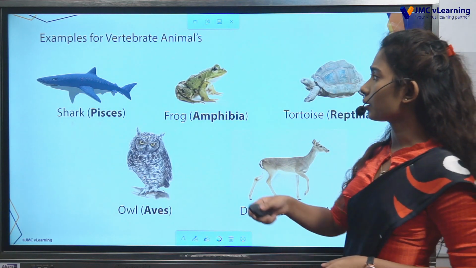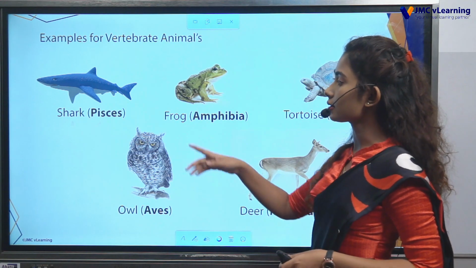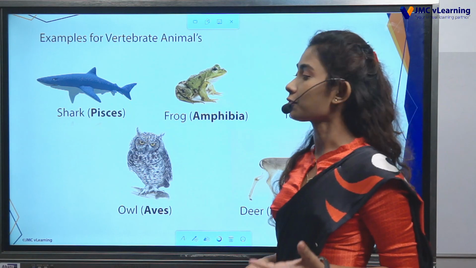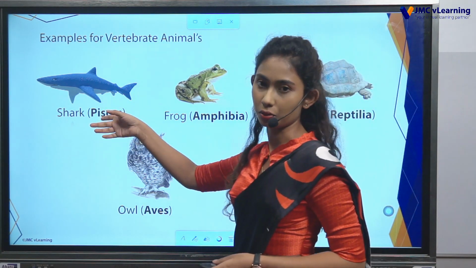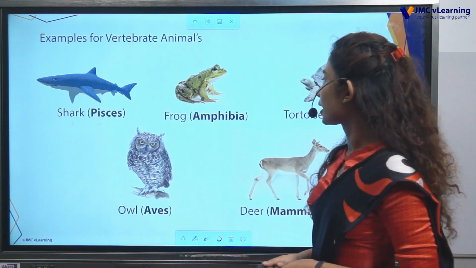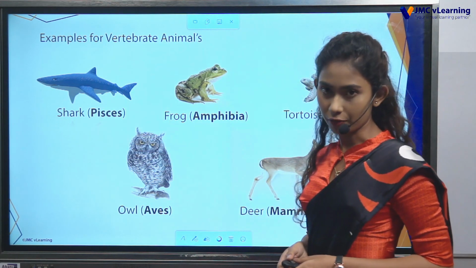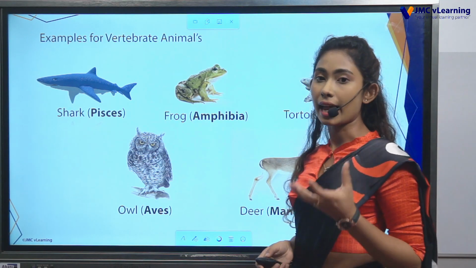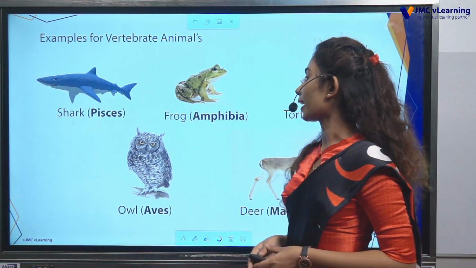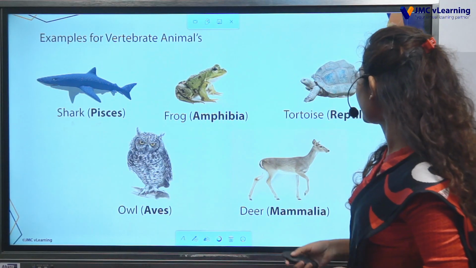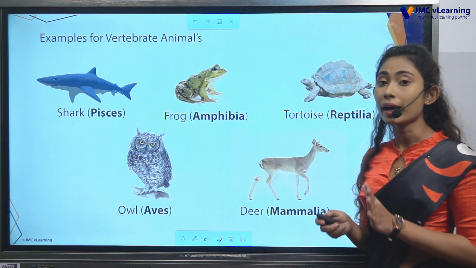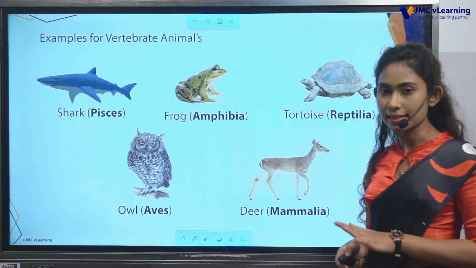When we are talking about the vertebrates, the first group is pisces. Normally, fish are included in the pisces group, for example a shark. The next group is amphibians. Amphibians are animals that live in water for part of their life cycle, for example a frog. The third one is reptilia. Reptilia are well adapted to normal land environments.